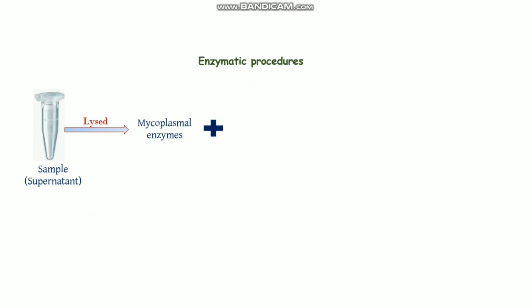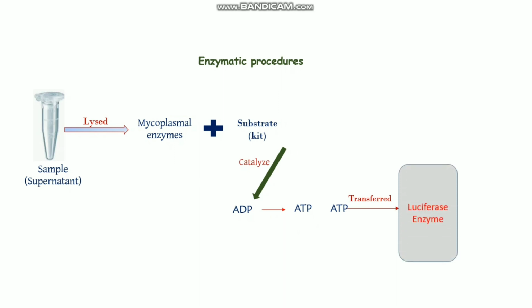And next is the enzymatic procedures. Here also you need to prepare the sample, like supernatant, and then you lyse this sample, and after lysis the mycoplasmal enzymes are released, and those mycoplasmal enzymes react with the substrate. That substrate is provided by the kit, and when this substrate binds with the mycoplasmal enzymes, it catalyzes the reaction from ADP to ATP, and then this ATP is converted through the luciferase enzyme, and it gives a light signal, and through this light signal the ATP can be measured.